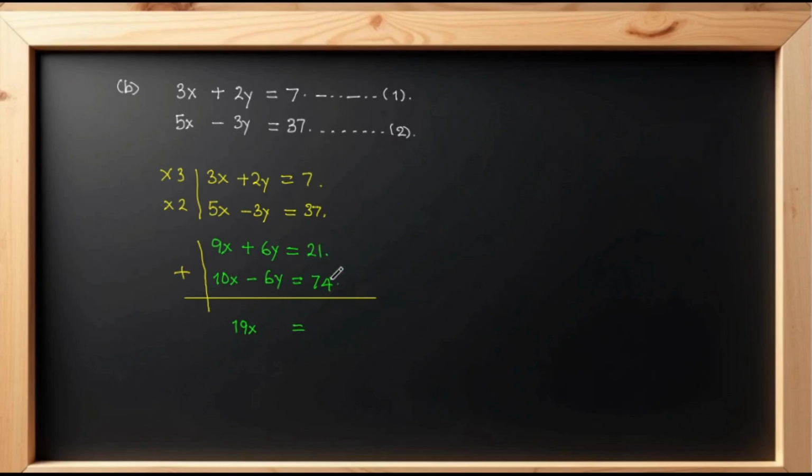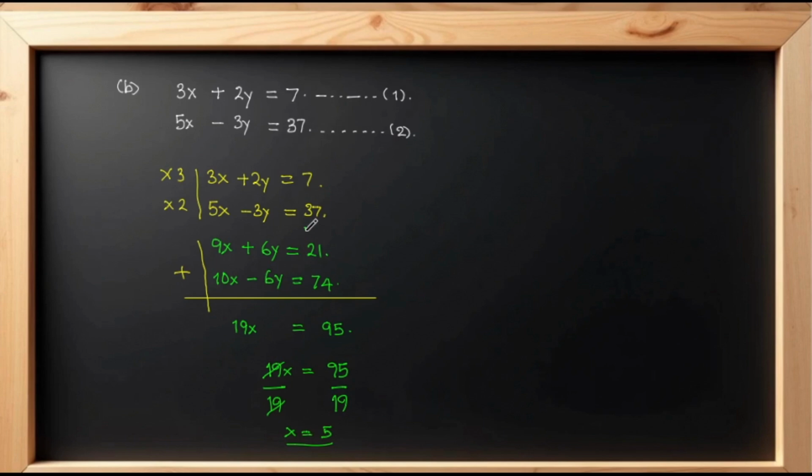Then we have 21 plus 74, we get 95. Let's divide both sides by 19, and the 19 on the left hand side cancels, such that 95 divided by 19, we get 5.